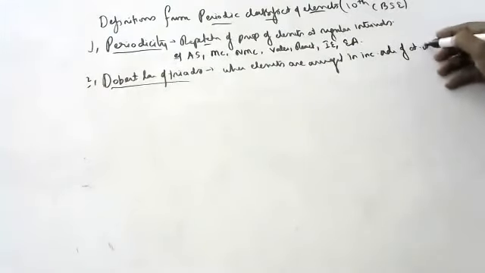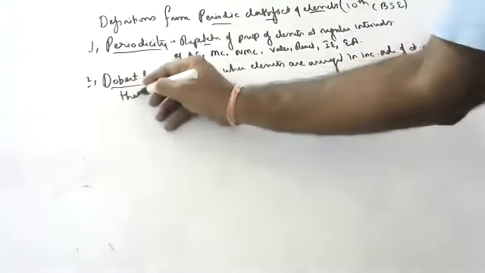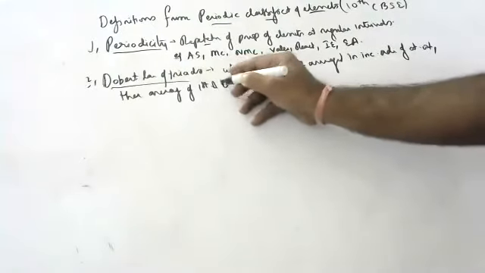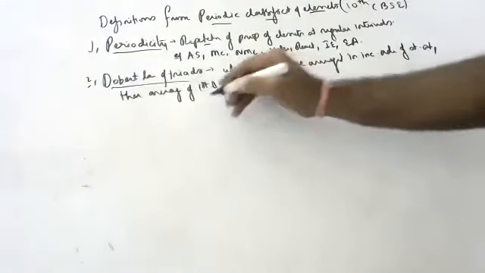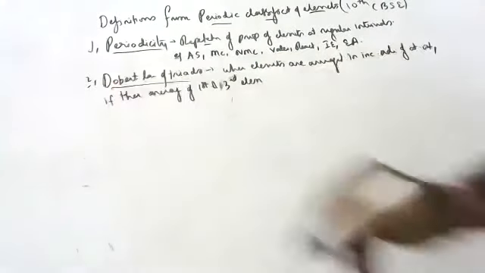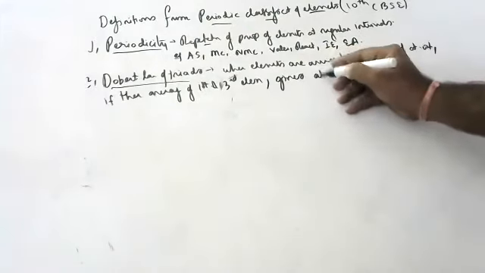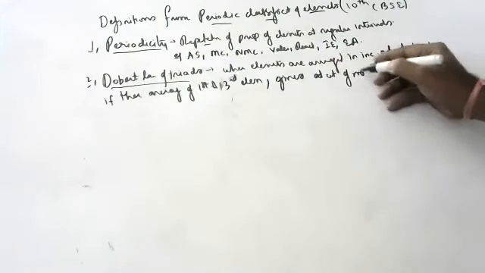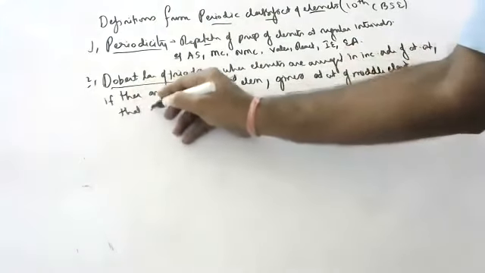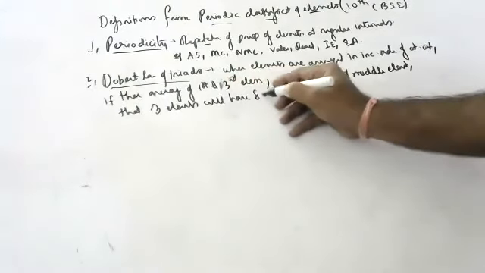Then the average of the first and third element gives the atomic weight of the middle element. If so, those three elements will have the same properties.